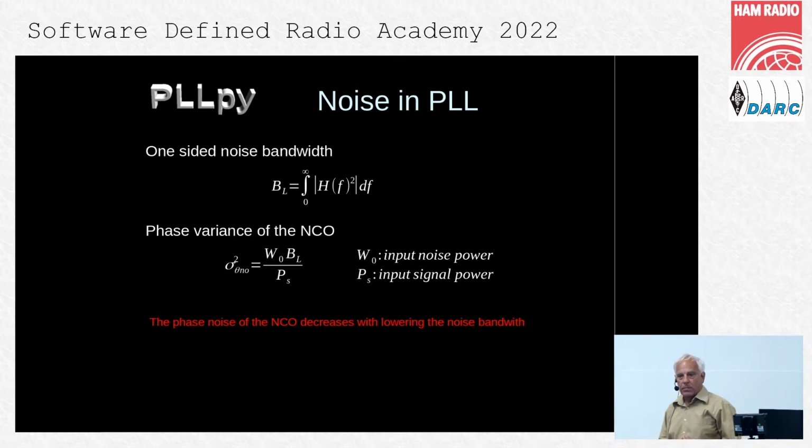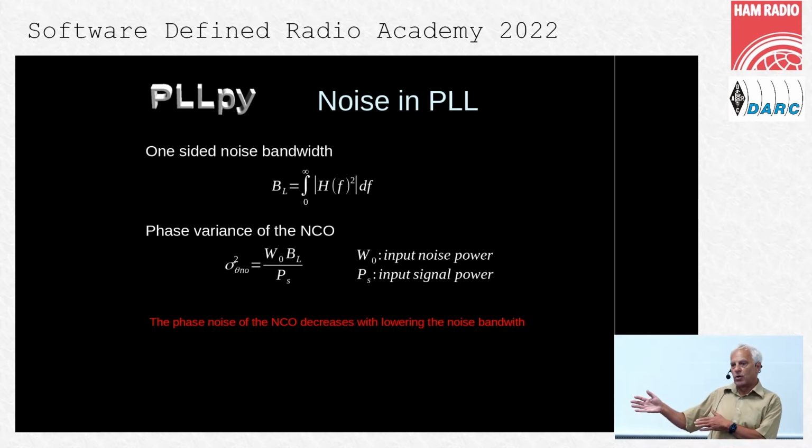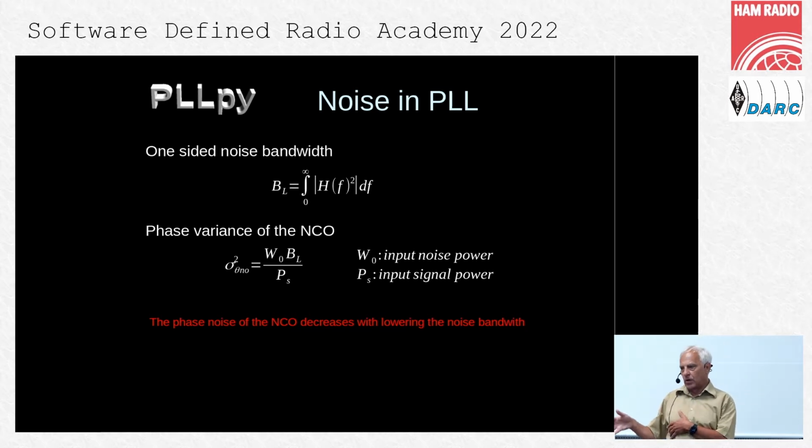There is a very important parameter of the PLL. It's the noise bandwidth. It's a single-sided bandwidth. You can imagine it this way: you have a filter which has the transfer characteristic of the closed loop transfer function, and you connect a noise generator at the input. This generator gives out white noise, and you measure the noise power at the output.